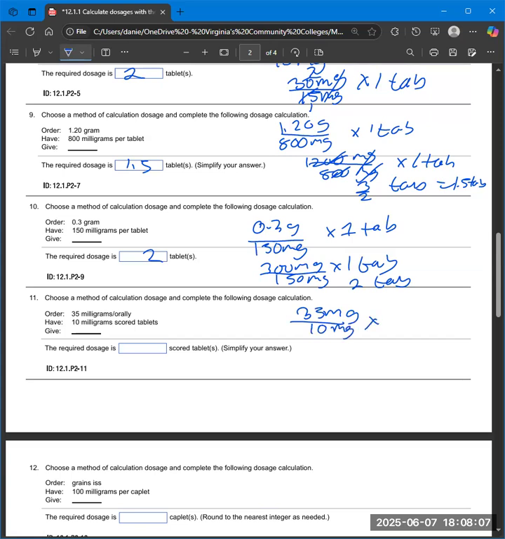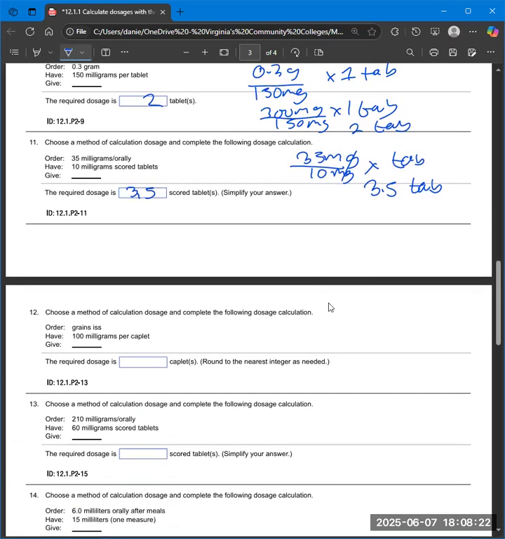Now these say that they're in scored tablets. I like that it says that they're scored. So this is 3.5 tablets, still more than I want to give the patient, right? But that helps me know that if they're scored, it's not a problem to give them a half of a tablet, right?